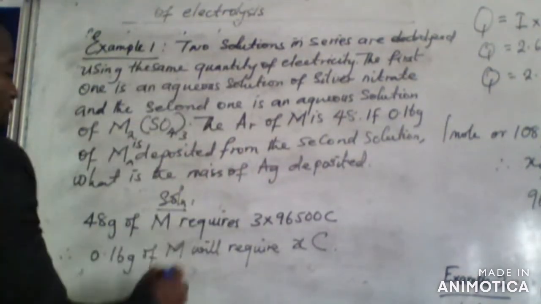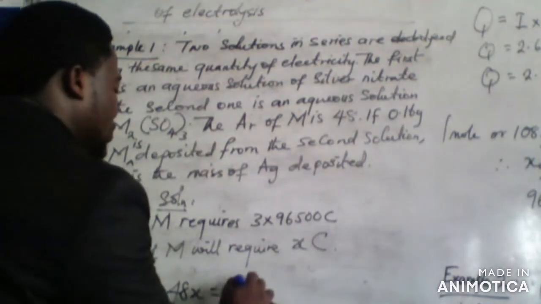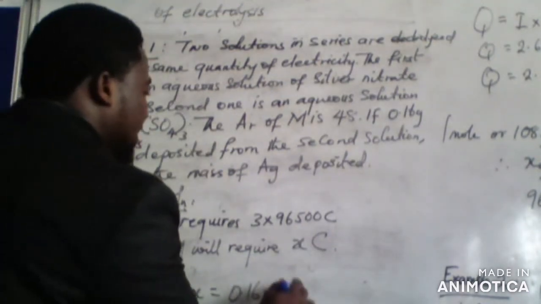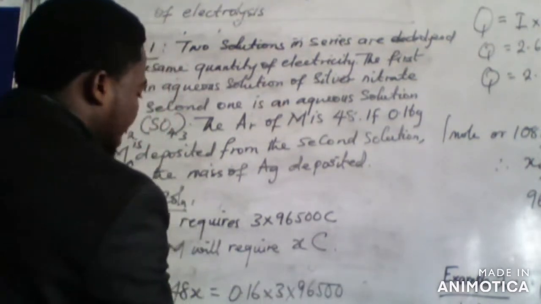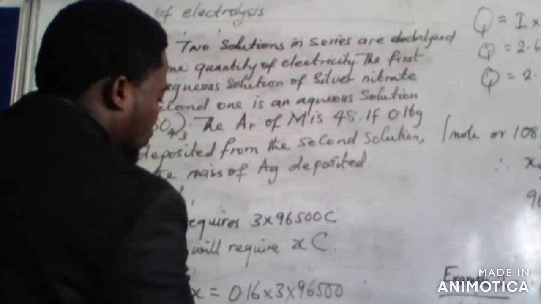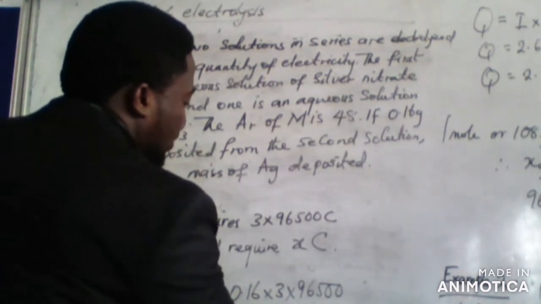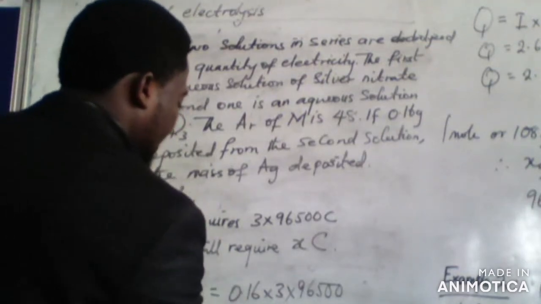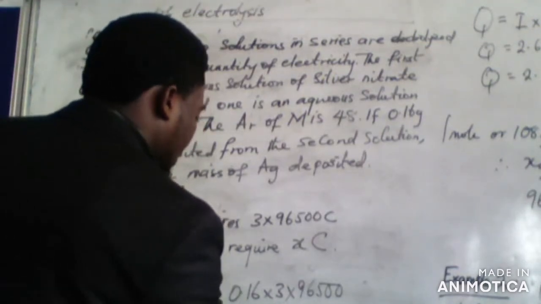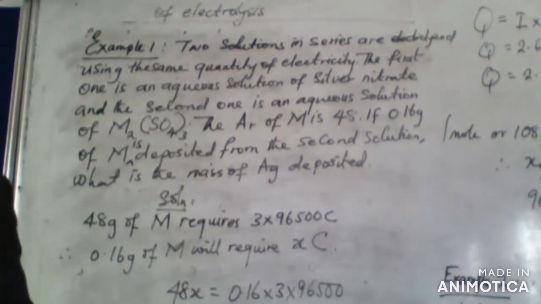So when I cross multiply, I'll have 48x being equal to 0.16 times 3 times 96500 coulombs. So x will now be equal to 0.16 times 3 times 96500, then divided by 48. So at this point, I would like to engage my calculator.